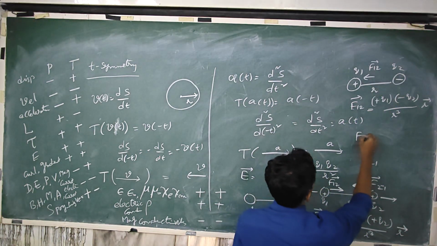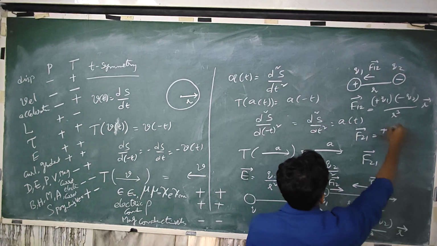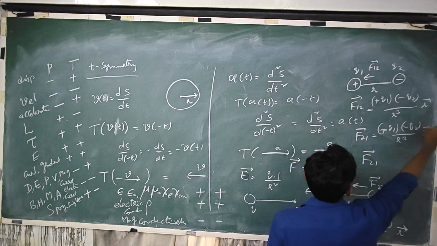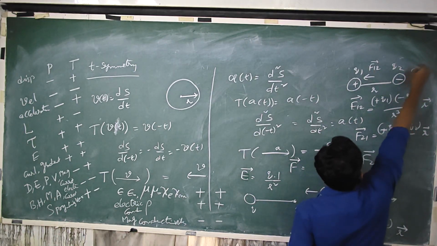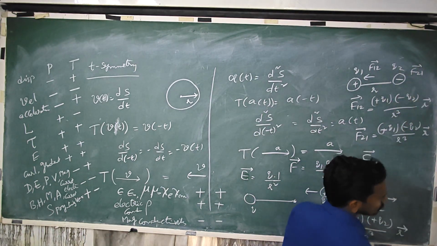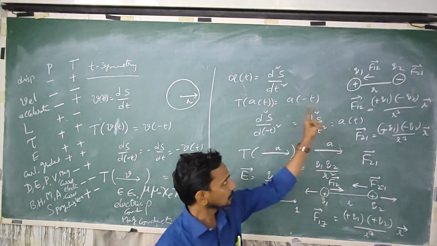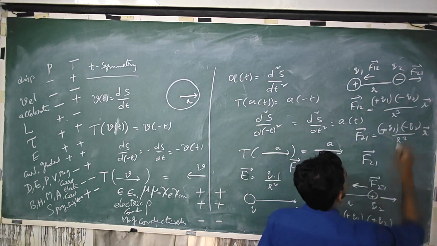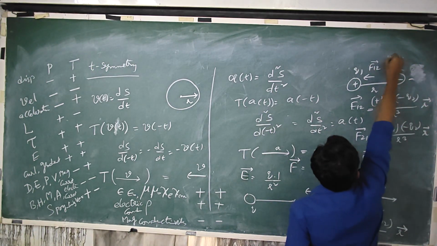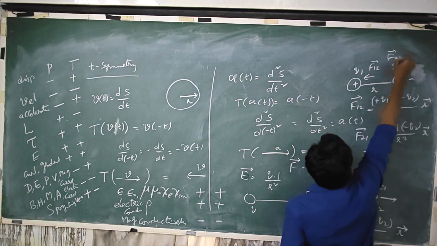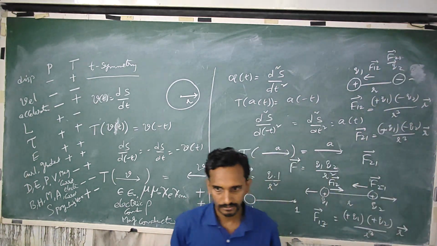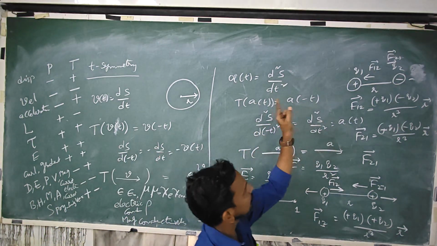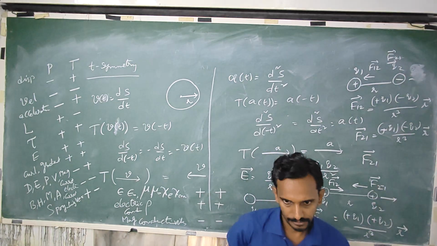So Q2 starts moving in this direction. The same way, F21 is what? Plus Q1 minus Q2 by R cube radial vector. So F21 is along the line opposite to that. So it is in this direction. So charge Q2 will pull the charge Q1 towards it.